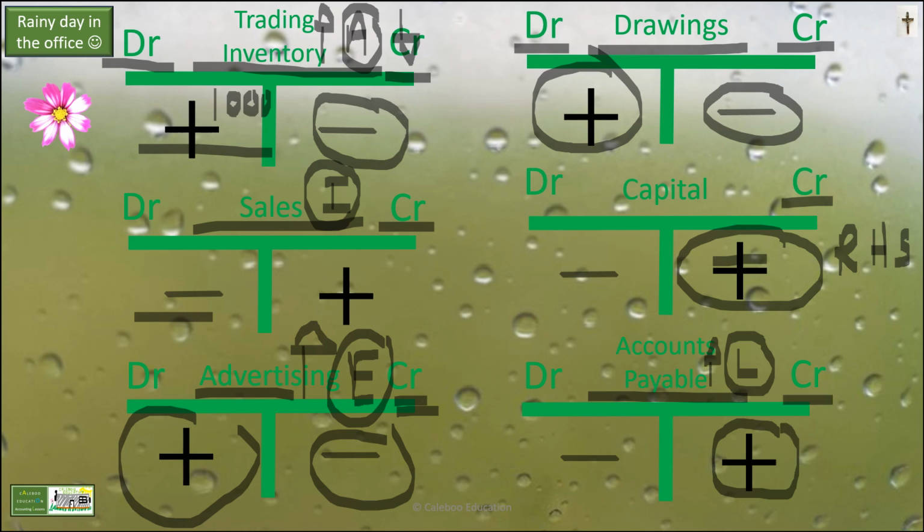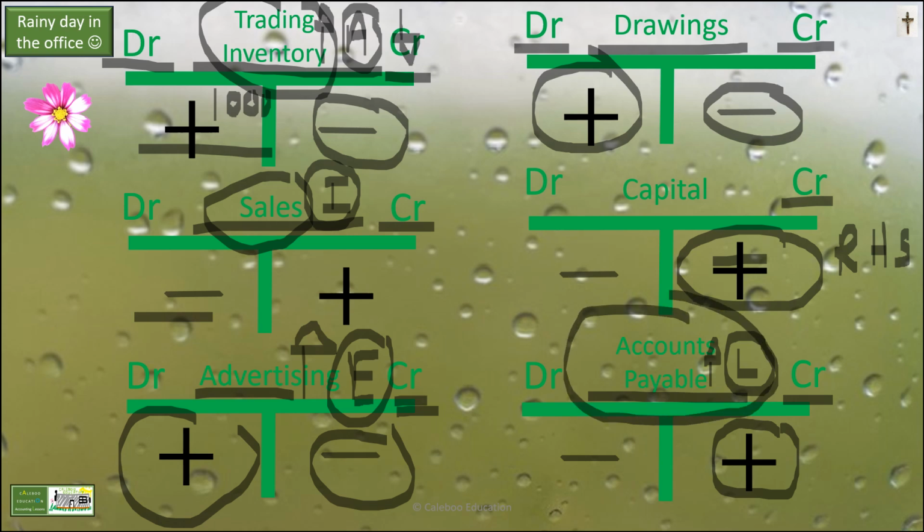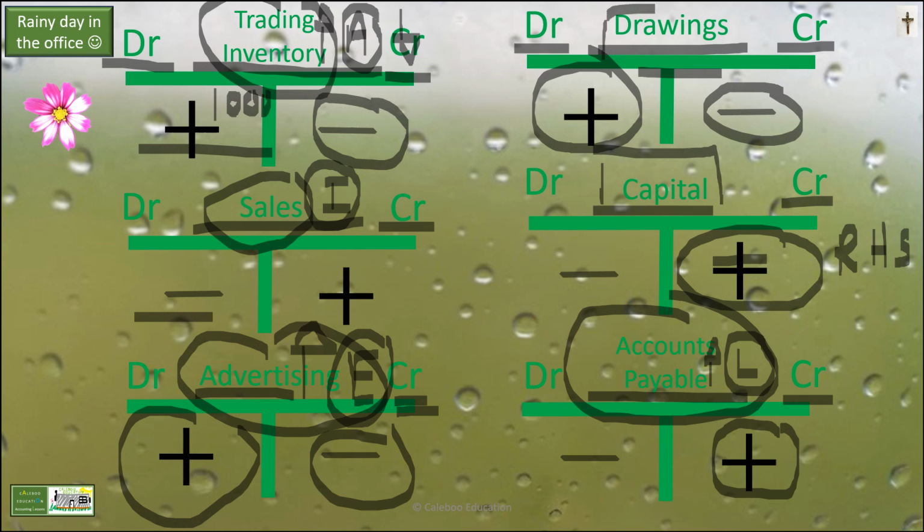I thought I would just include this slide because I've actually put in an income account, sales, an asset account, trading inventory, a liability, accounts payable, and an expense. Capital and drawings always remain the same. What the owner puts in and what the owner takes out. Now I'm going to get on to the acronym to remember the rules.